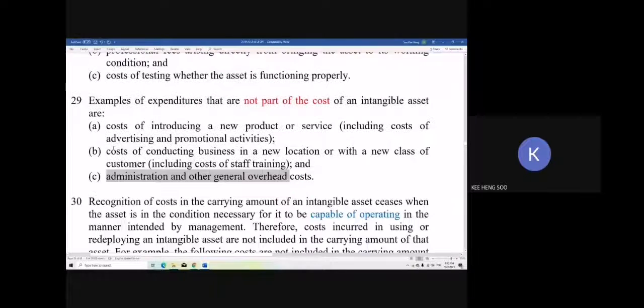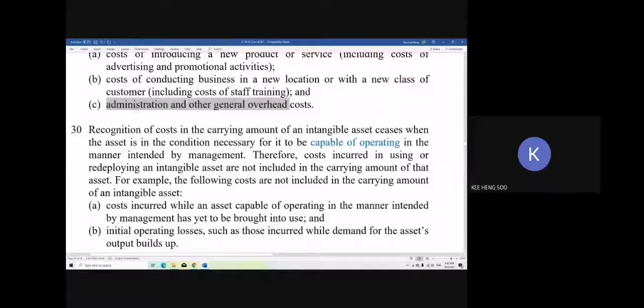Recognition: when the asset is in the condition necessary for it to be capable of operating. When do I recognize the carrying amount of the intangible asset? As long as you recognize it, you are going to use it already. If the intangible asset ceases, it means stop.